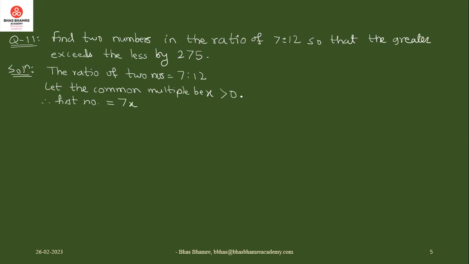I just make it greater than 0. So the first number is 7x and the second number is 12x. Therefore, according to the given, I took x as a positive number, so 12x is greater than 7x.